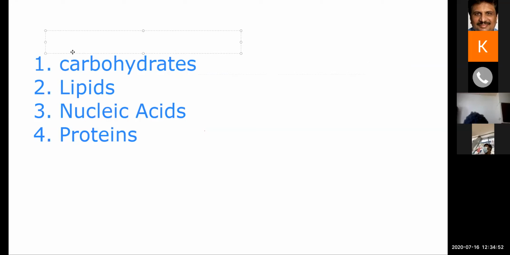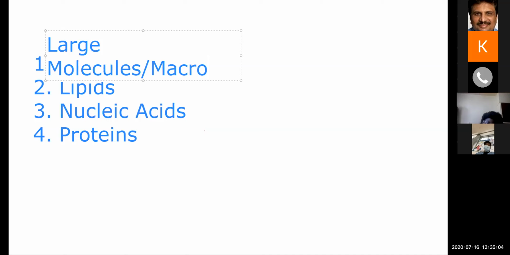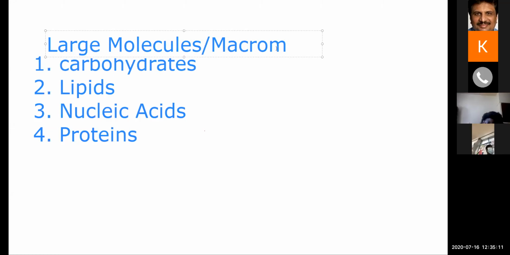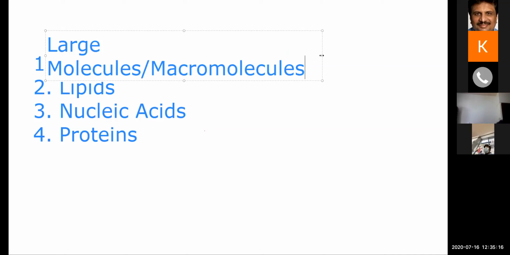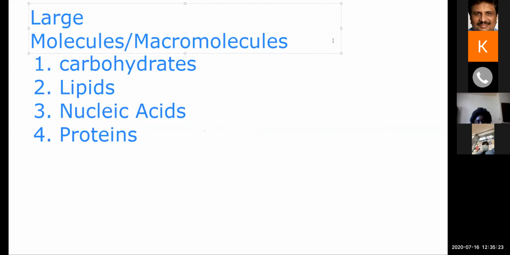In other words, they are large molecules, or they could also be referred to as macromolecules.